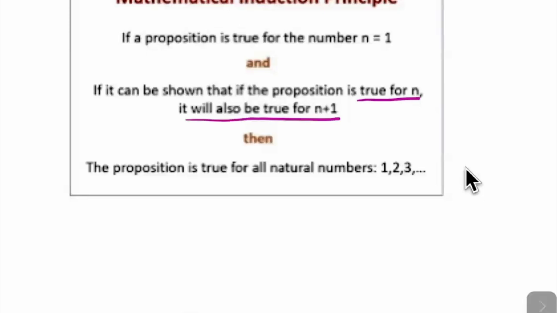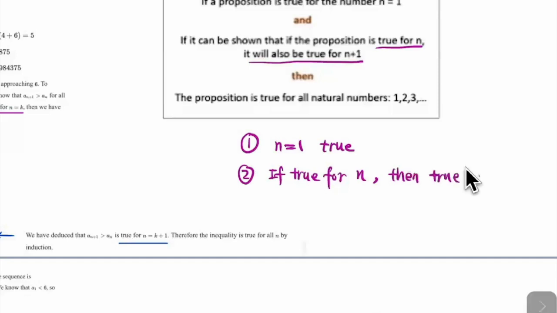It's kind of like this. When n equals 1, if it's true, that's number 1, you prove this. Number 2 says that if it's true for n, then it's true for n plus 1. Then from this 2, you're able to say that it's going to be true for all n.